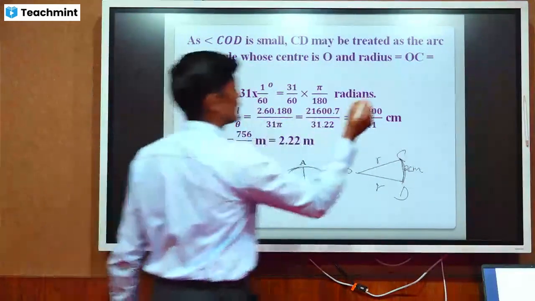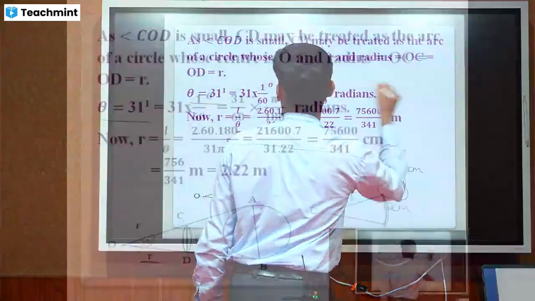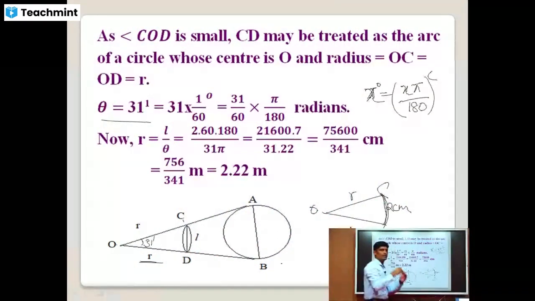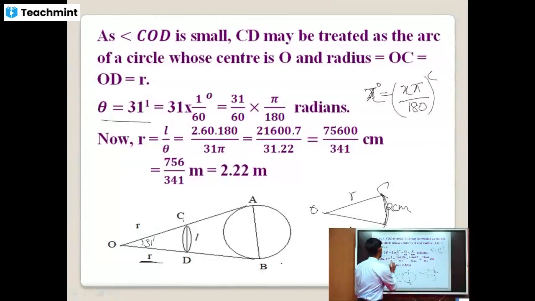You know the degree to radian conversion: x degree is equal to x into pi divided by 180 radians. This is how we can convert a degree into radian measure. Therefore theta is equal to 31 minutes, which is 31 into 1 by 60 degree. That is the minute to degree conversion.